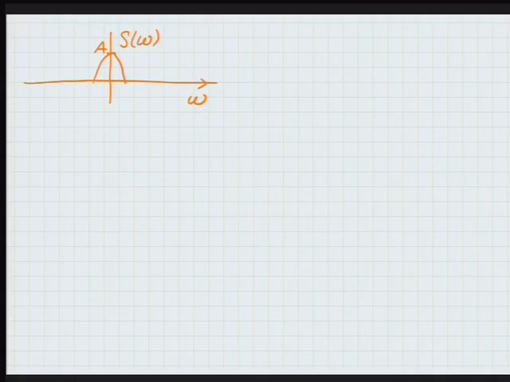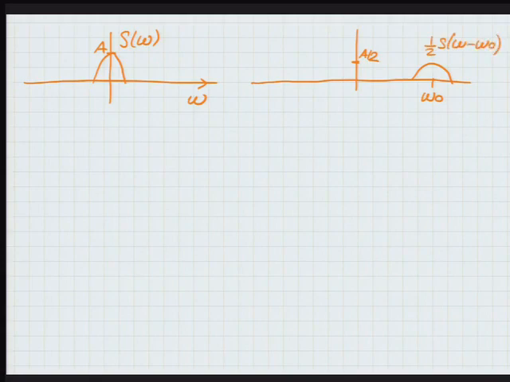After the multiplication with cosine omega naught t, we took it, divided it by 2, and shifted it to the right by the carrier frequency omega naught. So we put it now like this. This is omega naught, and the peak amplitude of this is A over 2. So this shows you 1/2 S of omega minus omega naught.